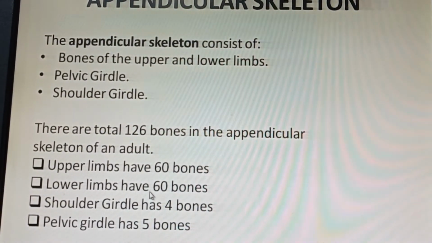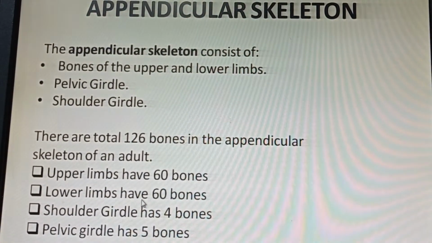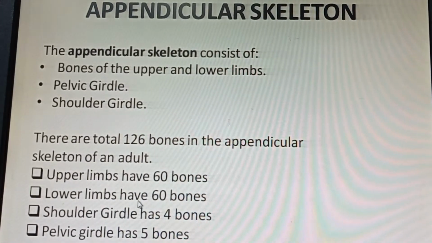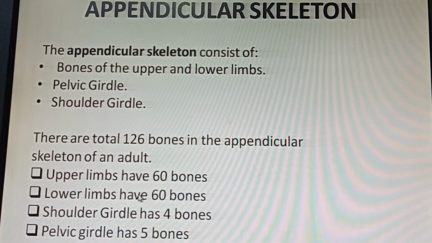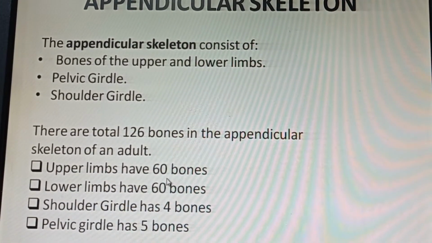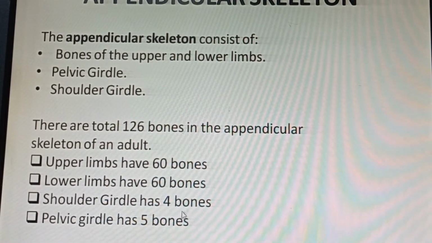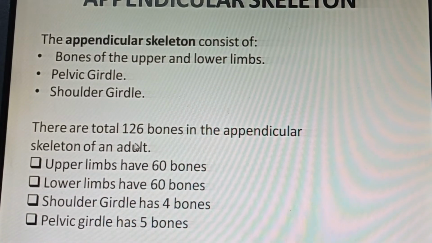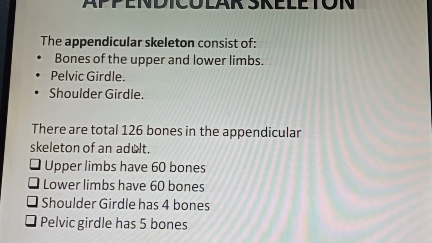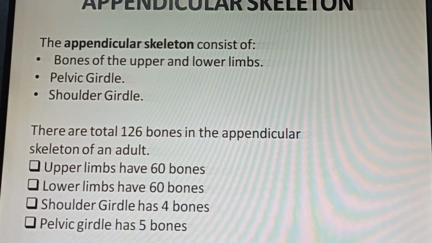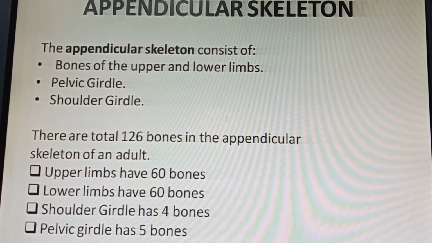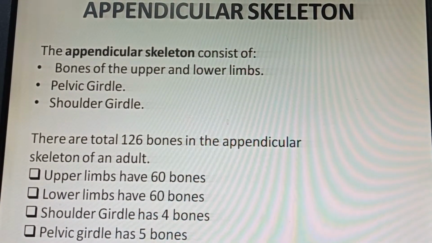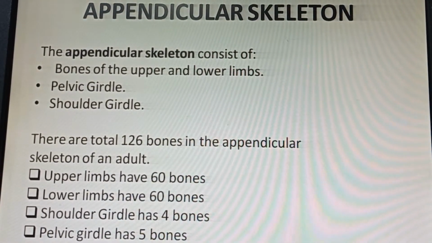Here we are discussing the divisions. So in axial skeleton 80 bones are present and in appendicular skeleton 126 bones are present and total 206 bones are present.